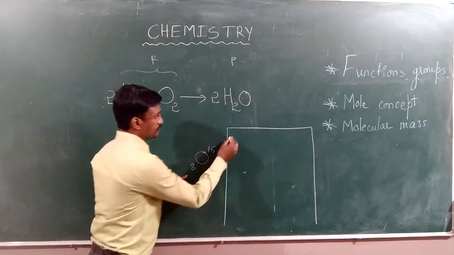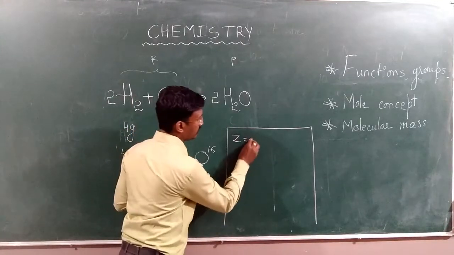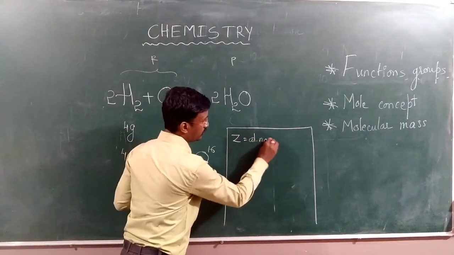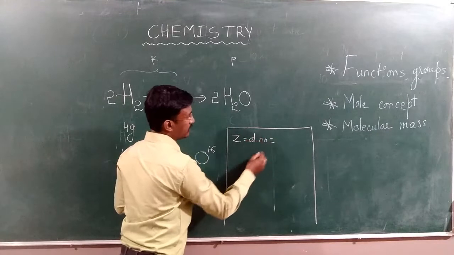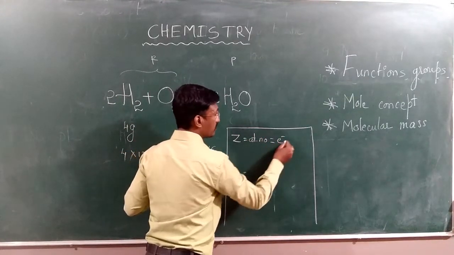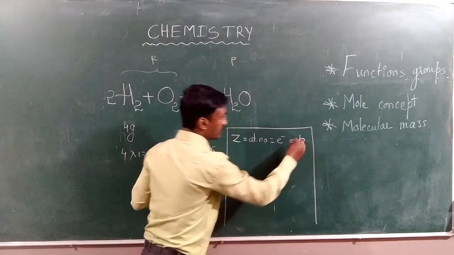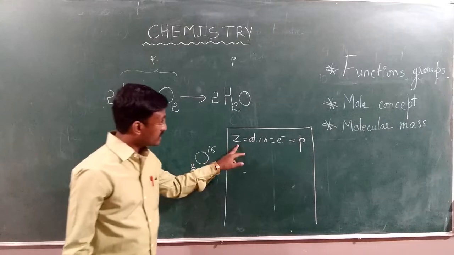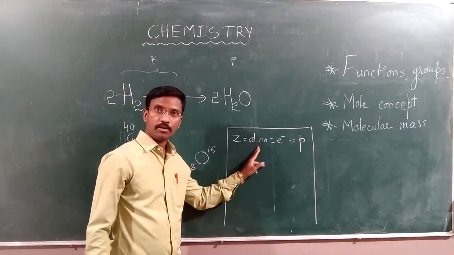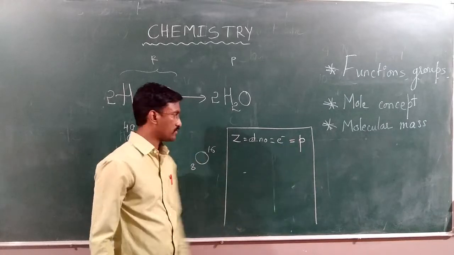Z is nothing but the atomic number. Atomic number indicates the number of electrons, and the same number of protons will be there. You should remember this. Z is the atomic number, indicating the total number of electrons and protons.